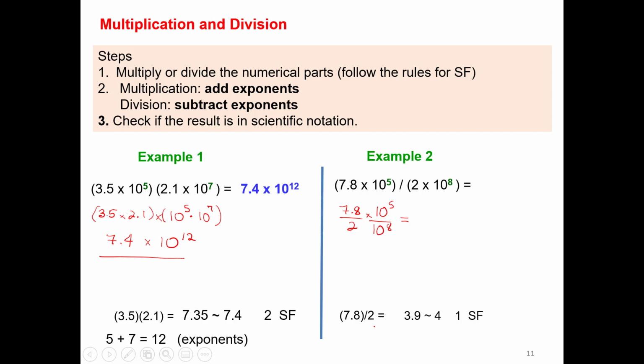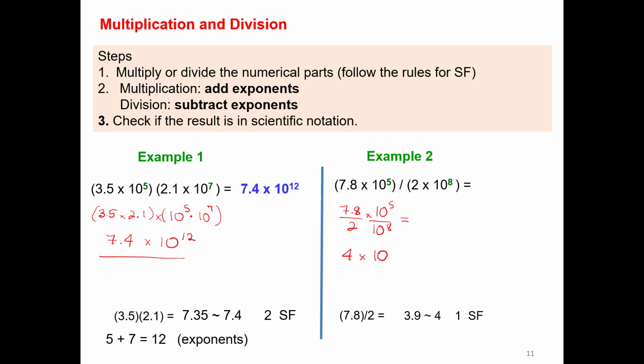But now we need to check the significant figures. We had one significant figure here. We had two significant figures here. And the answer must have 1. And we need to round. 3.9 is about 4. Then the correct answer in this case will be 4.